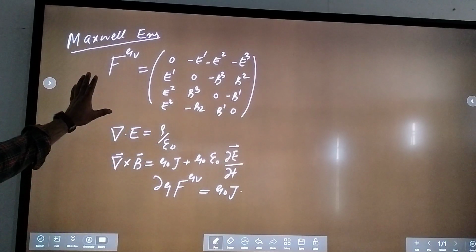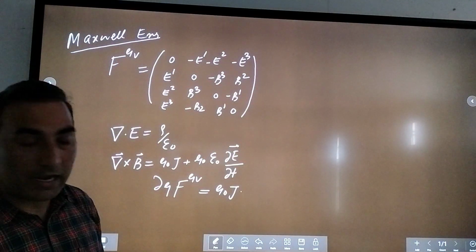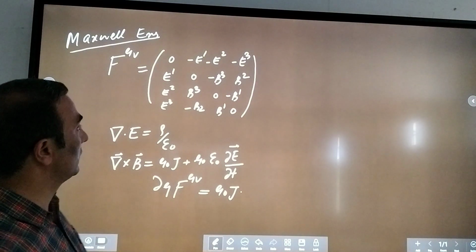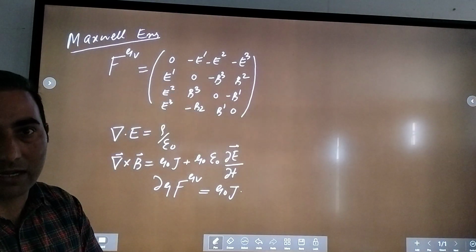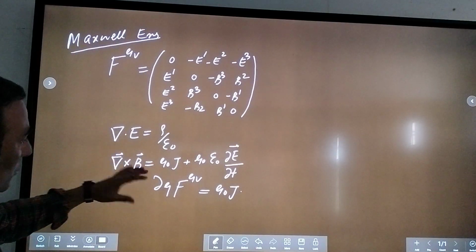This is our electromagnetic field tensor. You are familiar with this, right? And it contains the electric as well as the magnetic field components, which are embedded within this matrix. And this is the first and fourth Maxwell equation.